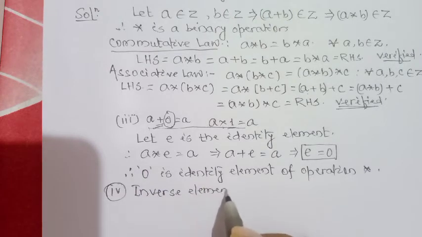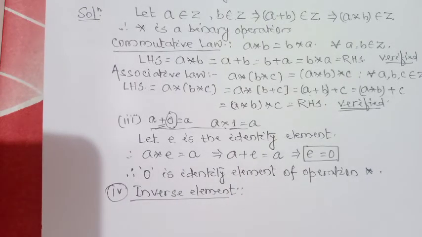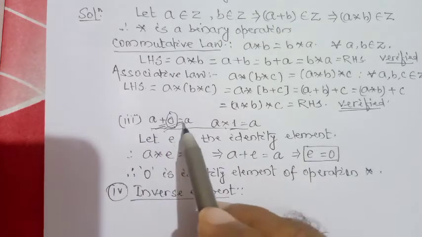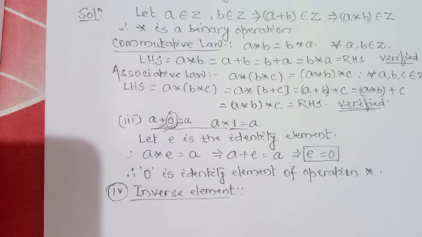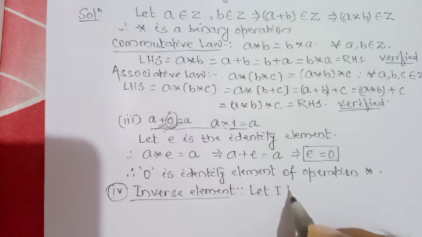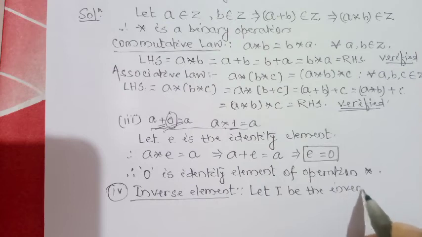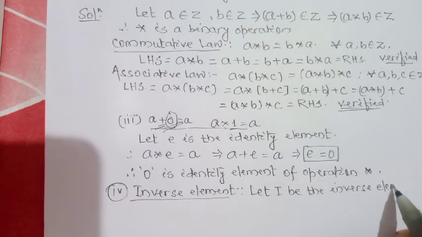First understand what an inverse element is. We have seen that 0 is the identity element of addition. For this operation we have considered E as the identity element of the given operation star. Let I be its inverse element.